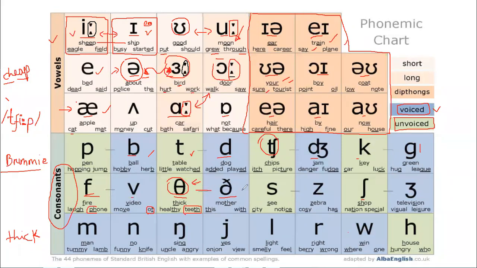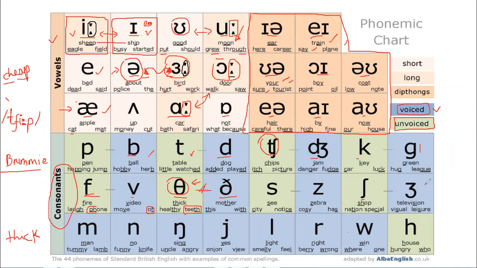So these are different sounds. Son distintos. Then we have the sound C, city, notice. Then we have the sound Z, zebra or zebra for British people. We have cozy, we have has. Then we have the sound sh, like in shop, like a nation, like special, like a nationality.